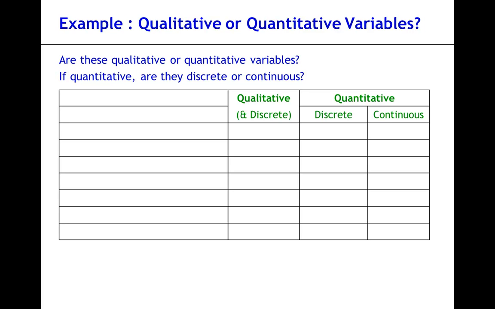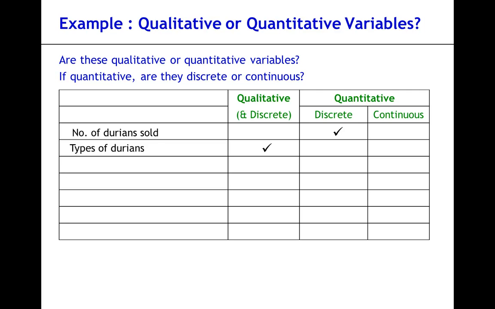Are these qualitative or quantitative variables? If it is quantitative, is it discrete or continuous? The number of durians sold can be counted one by one, so that's discrete. The types of durians are classified into different categories, so that's qualitative.